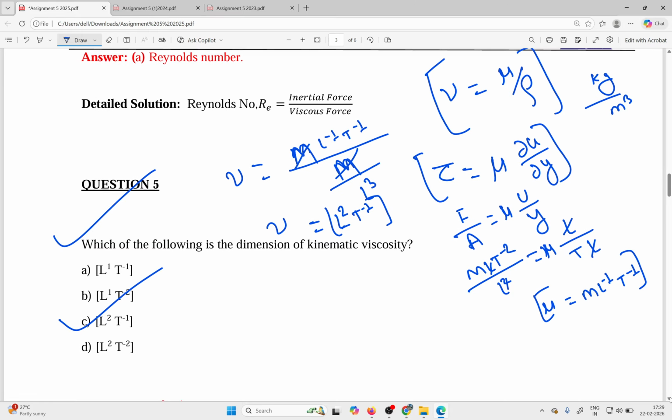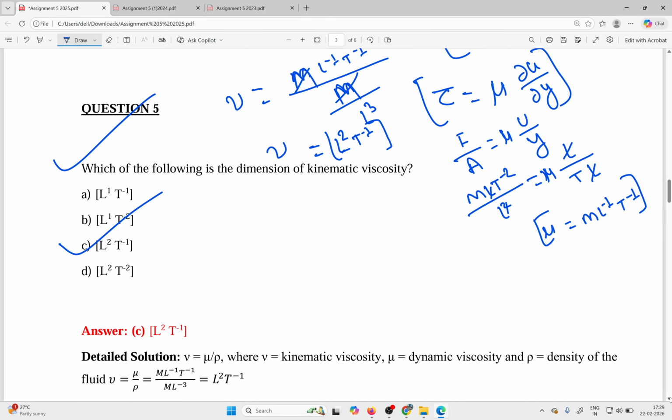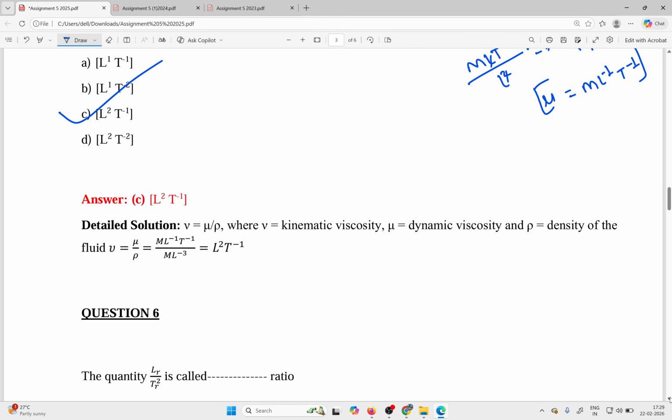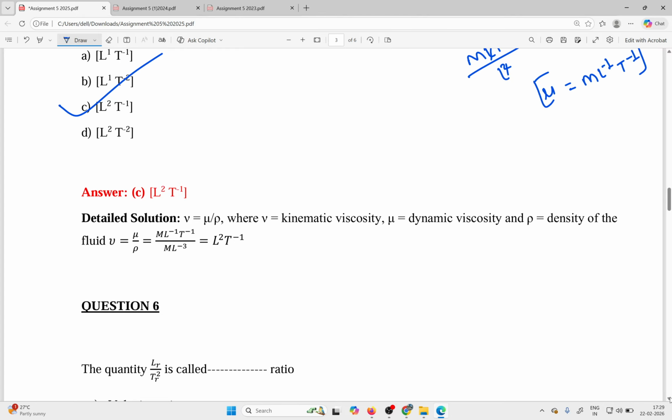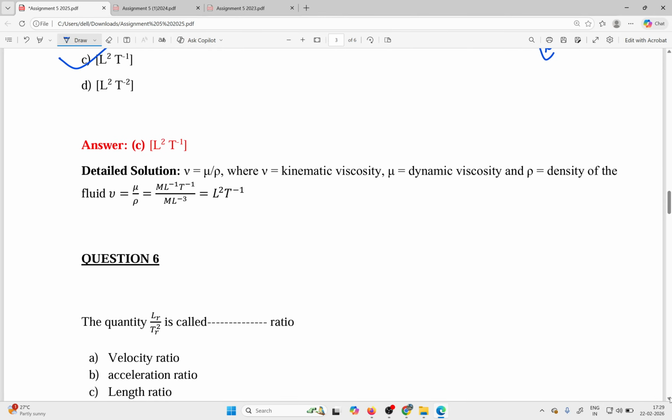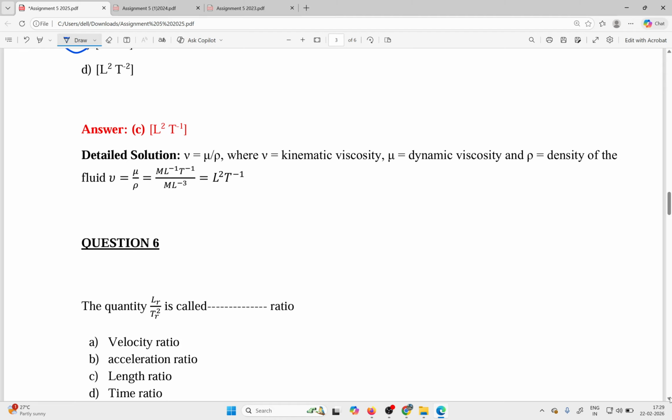Now we'll move on to the next one. The next one is also a very important question. The quantity LR divided by TR square is called what ratio? Whether it is velocity ratio, acceleration ratio, length ratio, or time ratio.